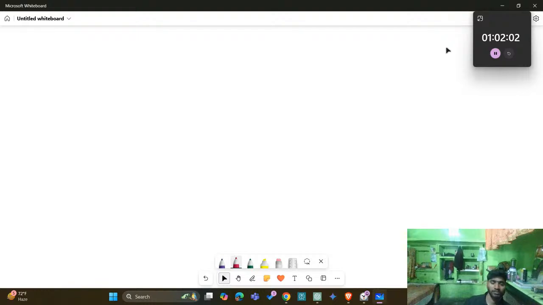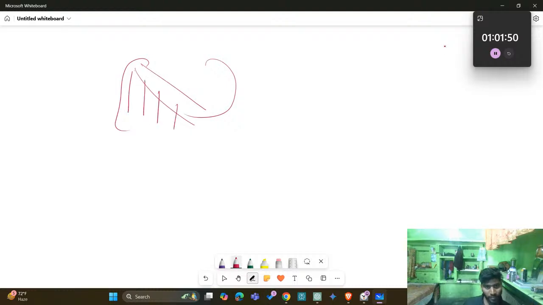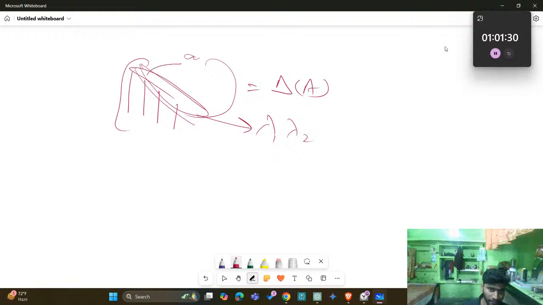So one more thing, there is a given matrix. This is the principal diagonal. If we change this matrix into a lower triangular matrix, then the product of the diagonal is the determinant of matrix A, and this is also the product of eigenvalues. But if we are already given this, then as it is, a11 is lambda 1, a22 is lambda 2.